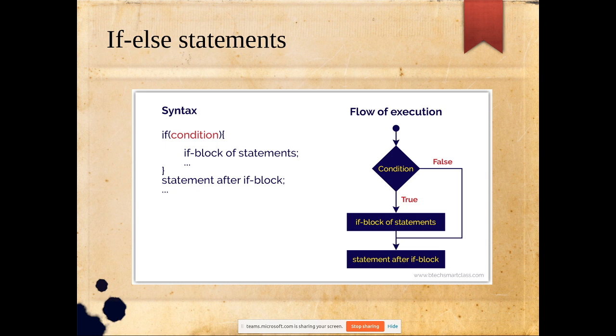If the condition is false, it will go straight to the statement after the if block. The flow of execution: first it will check the condition. If it is true, it will go inside the if block. If it is false, it goes after the block.